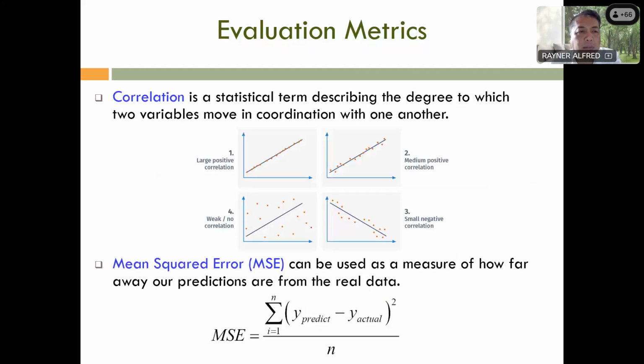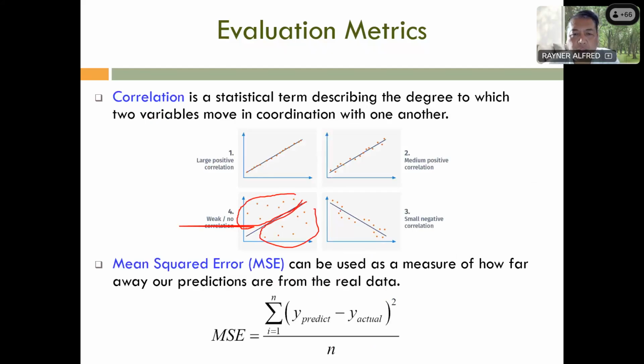And we sometimes use correlation because this will tell you whether your data can be used for forecasting. So this is linear regression. This is linear, but your variance is too big.